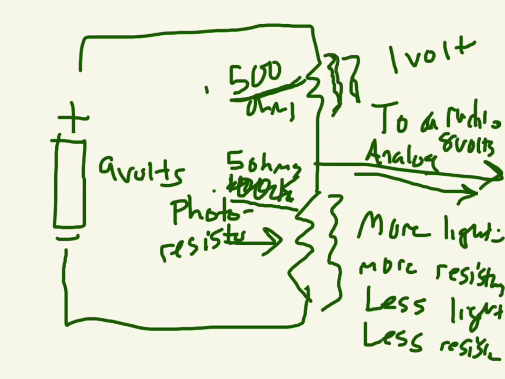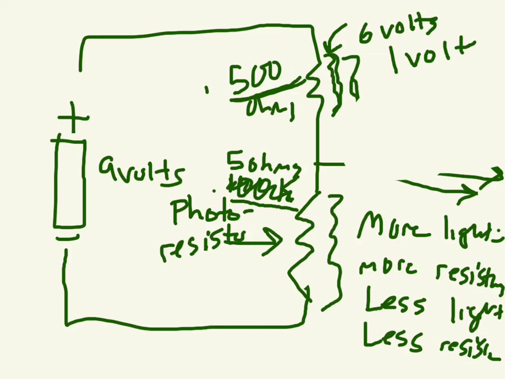So if we redo our math, this might be 6 volts of drop across this resistor. So what's going to the Arduino, you're dropping 6 volts, there's only 3 volts available after going through this resistor that is going to the Arduino.